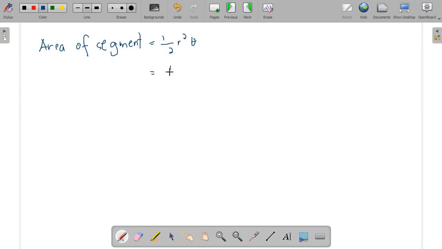Okay, so 1/2, ang r mo ay 12 squared, tapos theta mo is, you have to change this to radians, right? So theta mo is 120. So 120 degrees times pi over 180. No? Alam nyo na kung saan galing yan, no? So this will be your area of a sector.